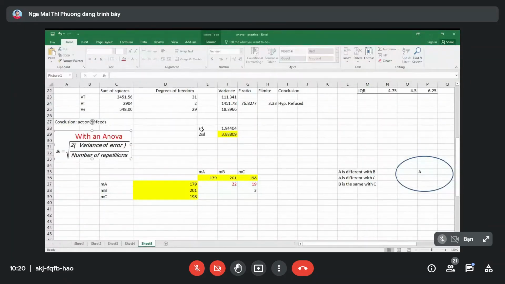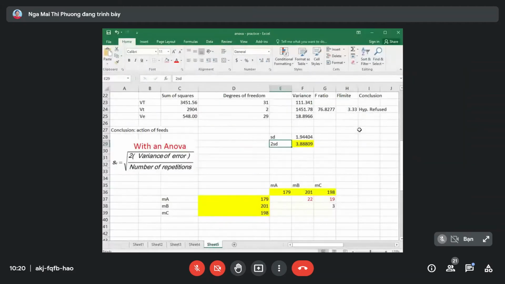So you have SD equal 1.94 and 2 SD is 3.89. Okay, it is 3.89. And next, as I said, you have to see which fit is the best.